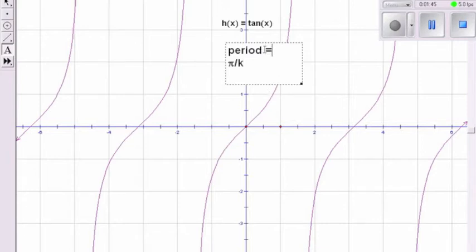It's different from sine and cosine because otherwise we would have 2 pi over k. Instead here we have simply pi over k because you can look at it. There's an asymptote. It's not drawn in, but there is an asymptote at negative pi and positive pi.